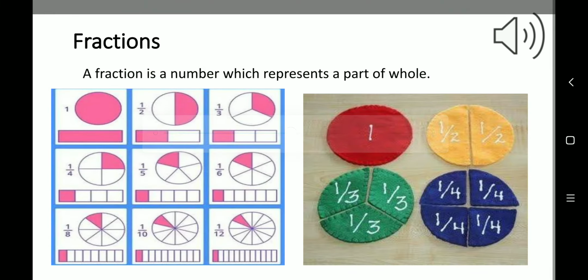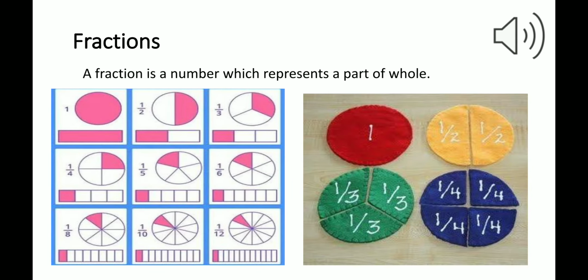For example, let us take the first figure. Here, if I talk about this circle, this is one complete circle. And therefore, it is written as 1. In the next section, we can see the same circle has been divided into two equal parts.